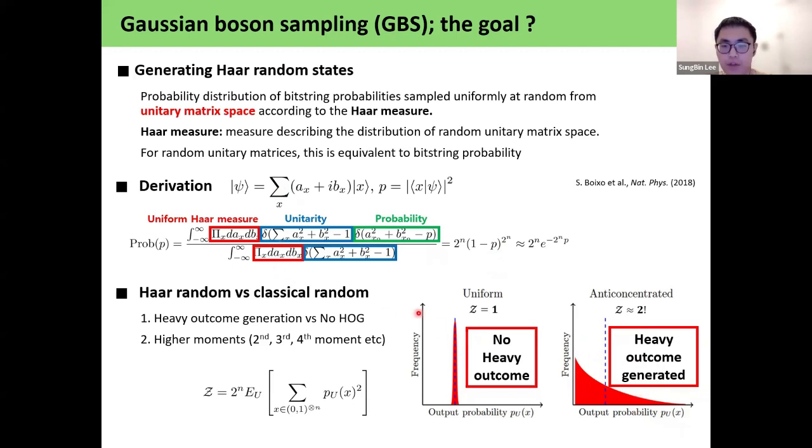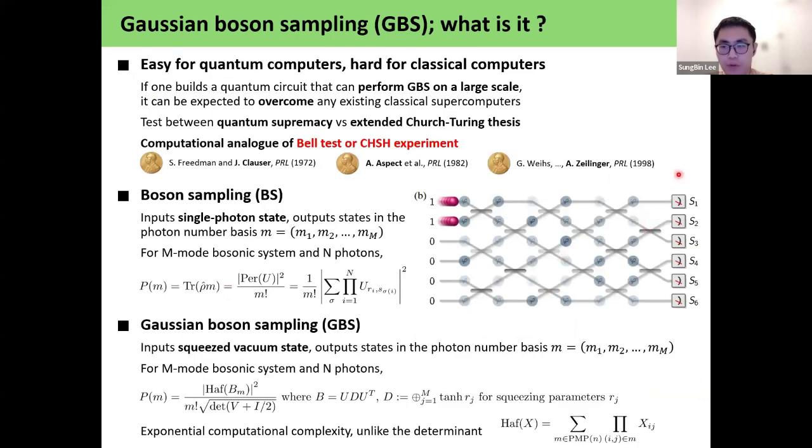So that's how you can distinguish whether the states I generated are classical or quantum, because you cannot verify it explicitly since you don't know the outcome. Since you cannot compute the exact outcome classically, you don't know the answer. You can only do it with quantum computers.